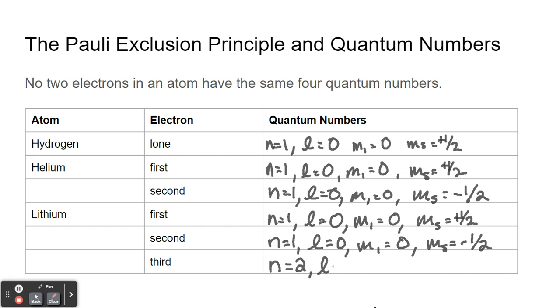Here again, the lowest possible value for this would be l equals 0. Remember that when n equals 2, there are three possibilities for l. l can be -1, 0, and 1.